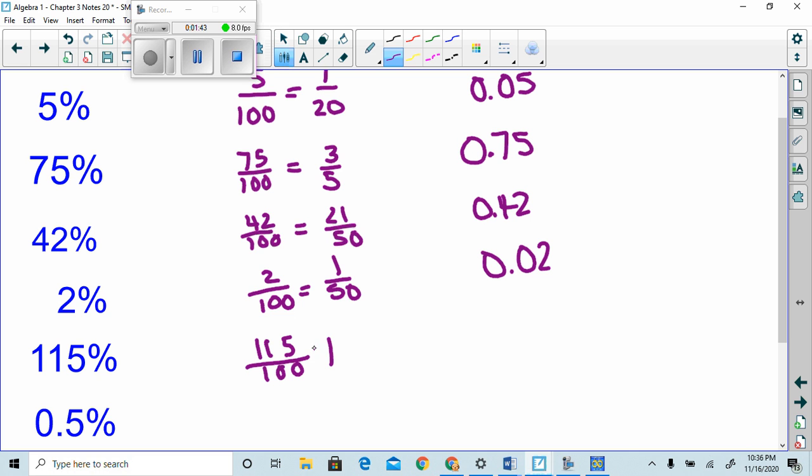That leaves me with 115/100, and I could then take that and simplify a little further. And that would be 1 and 3/20ths. Now to write this as a decimal, it has a whole number and 15/100ths.